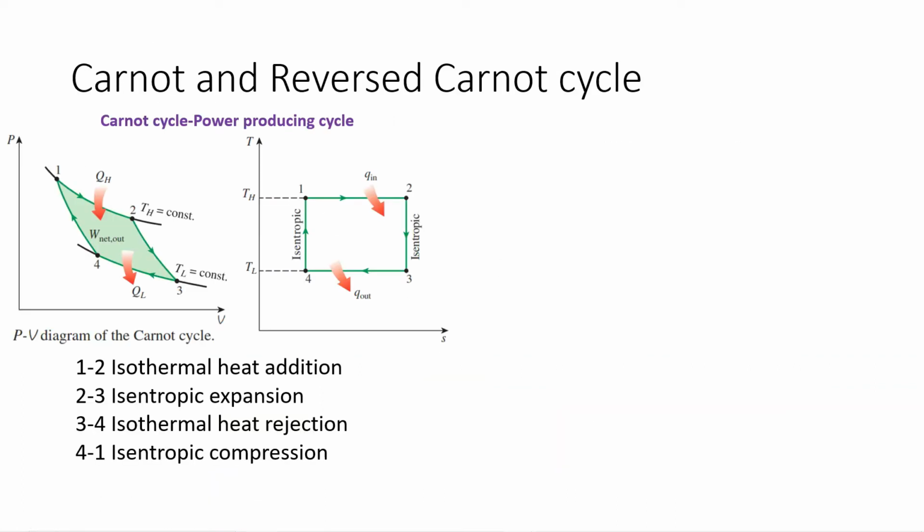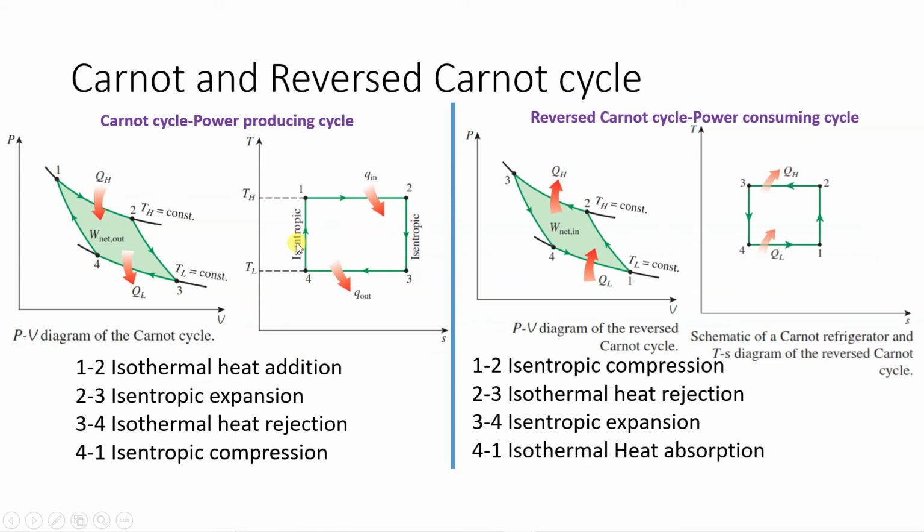Now we'll see what we mean by reversed Carnot cycle. Since all the four processes are reversible processes, we are reversing the arrows. On the left side you can see Carnot cycle, which is a power producing cycle, a Carnot heat engine, and on the right side you can see reverse Carnot cycle, which is a power consuming cycle.